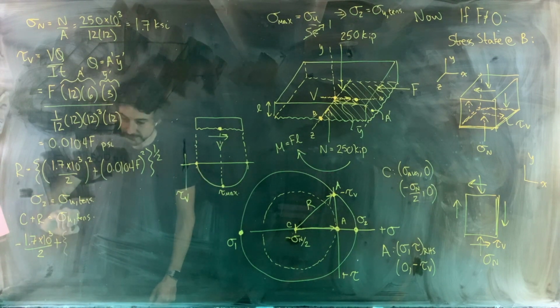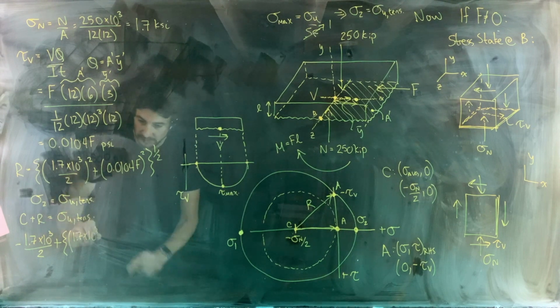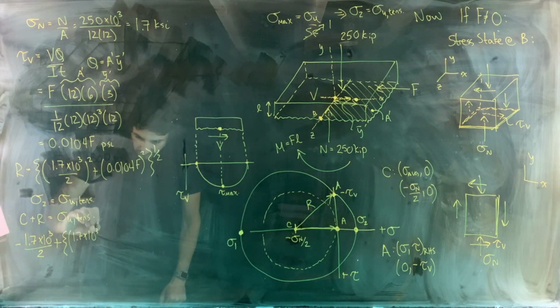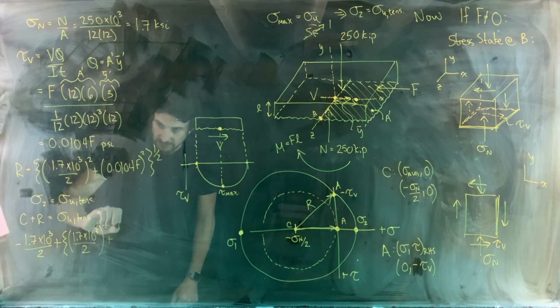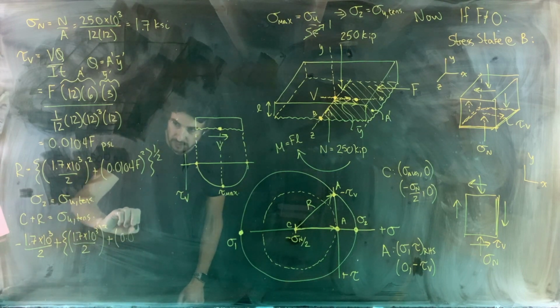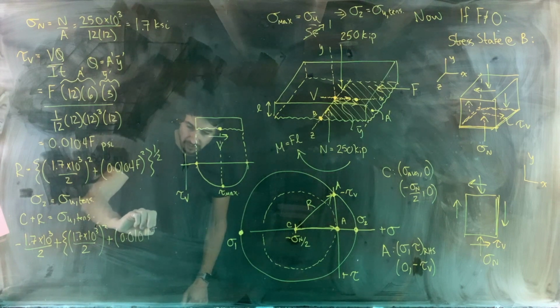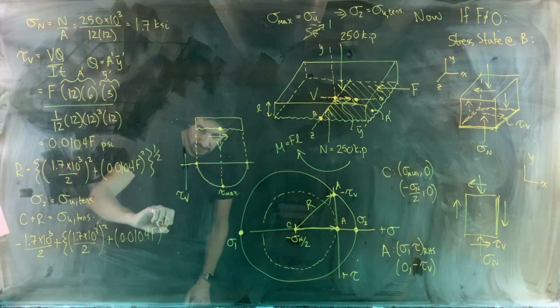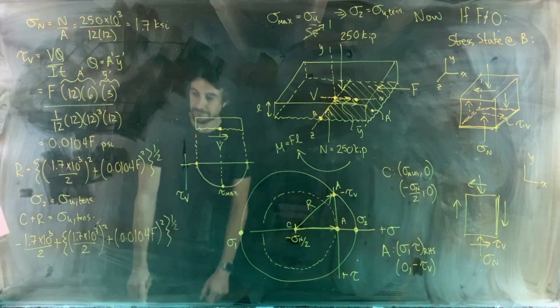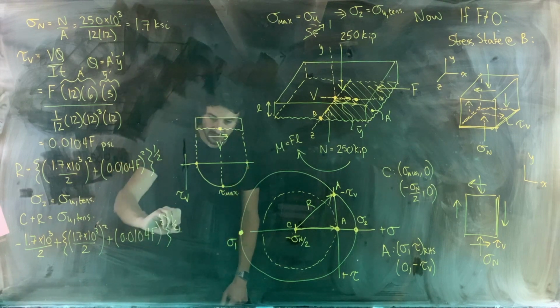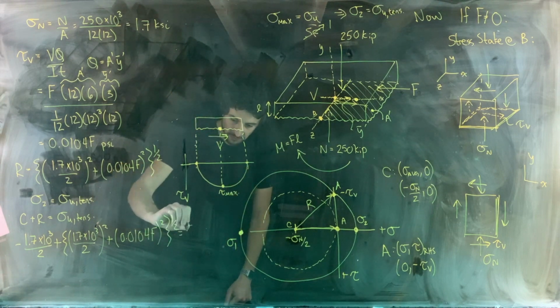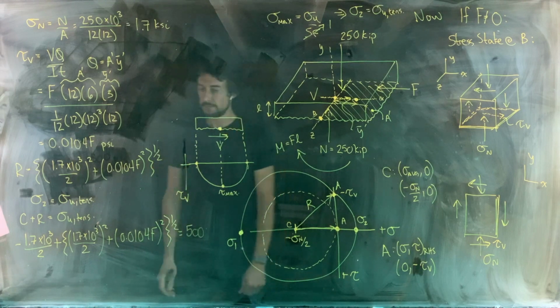Okay, let's pop this down here. 1.7 times 10 to the 3, divided by 2 squared, plus 0.0104 F squared, to the 1/2. Okay, and we're setting that equal to 500 psi.